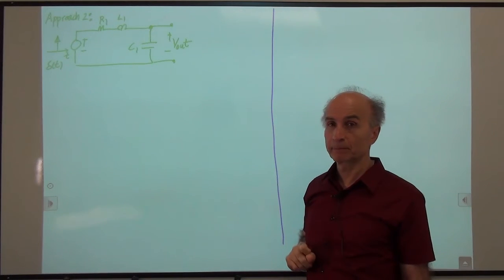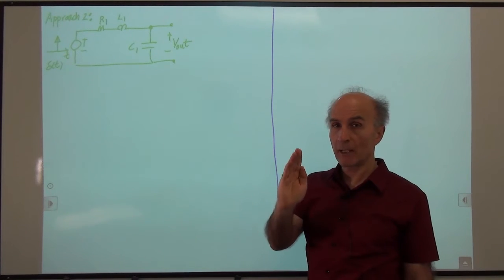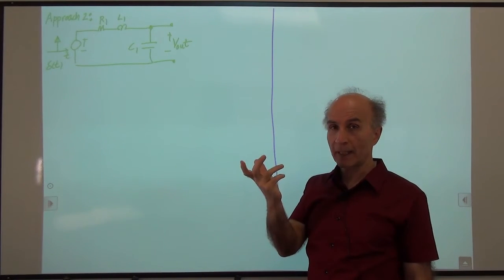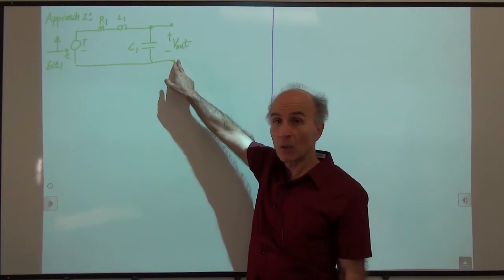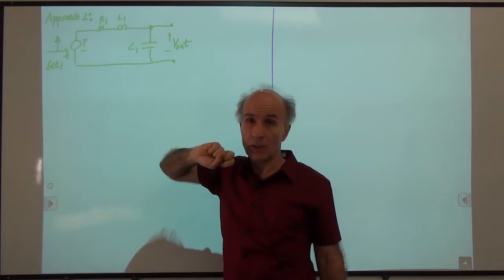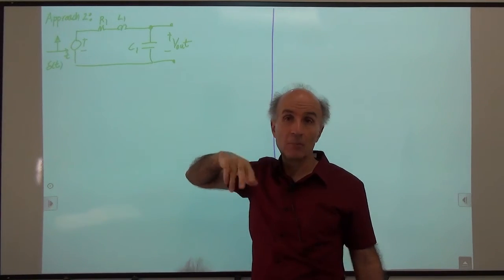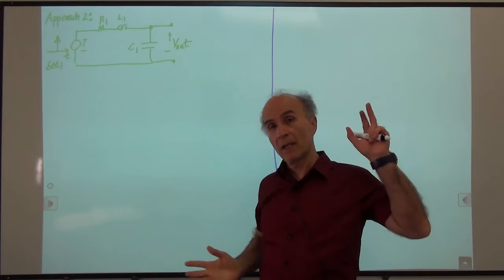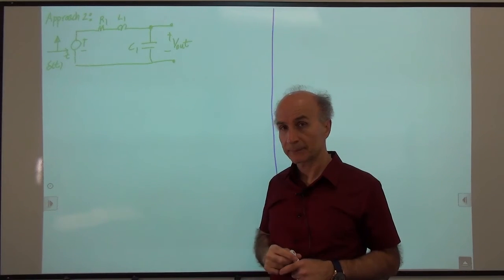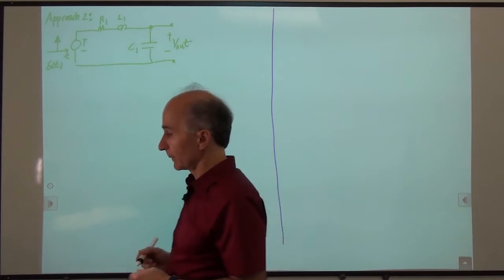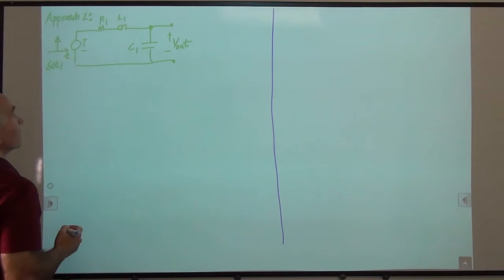So from 0 minus to 0 plus, exactly what happens? Does the V out jump, or does the current through the inductor jump? One of these two may be able to jump because we have an infinite voltage available. So let's take it step by step and think about that carefully.